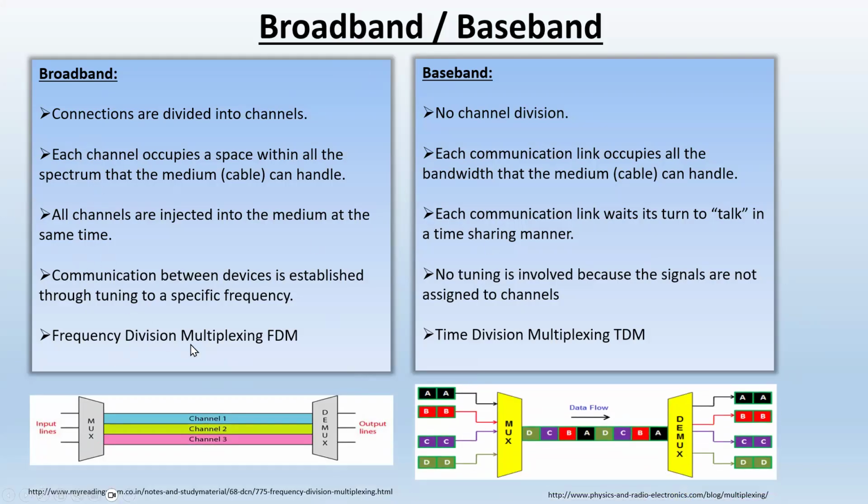That uses frequency division multiplexing versus baseband connection that utilizes time division multiplexing. The link using broadband has to have a huge bandwidth because it has to accommodate all the channels at the same time, from the lower channel to a higher channel. And this is not just three, there could be 200 channels.